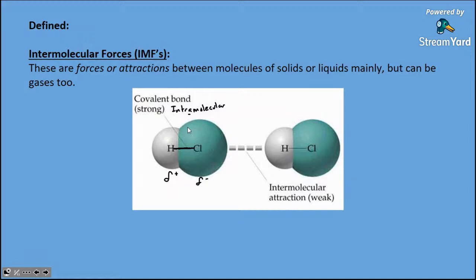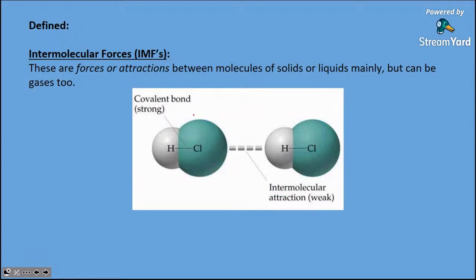That makes this a polar covalent molecule, so I've got a region of positive charge and a region of negative charge. The same is true for the neighboring molecules. So we end up with an attractive force between the negative pole of one molecule and the positive pole of the other molecule. That is my intermolecular force, or IMF: the force of attraction between one molecule and the next.